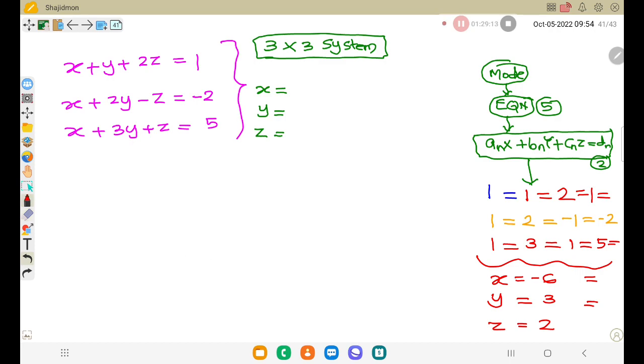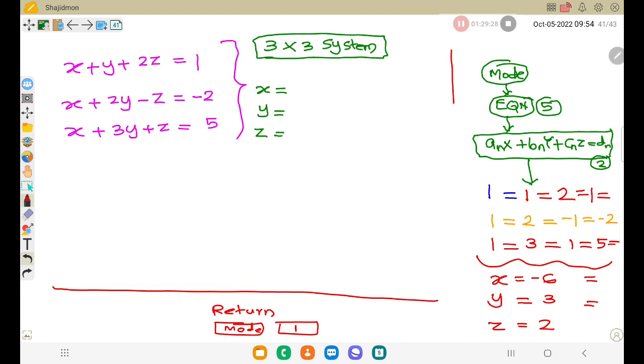Now if you want to return back, press the mode button and 1. Mode 1 is the normal computation mode. Don't forget this step on the calculator. Now here we need to be careful, three variables are there, x, y and z.